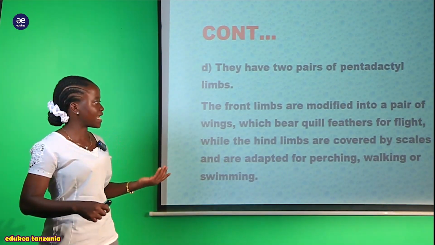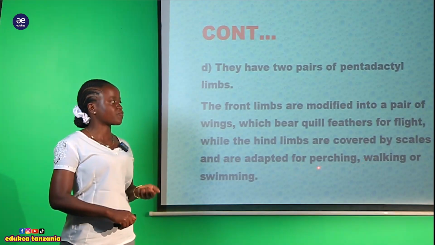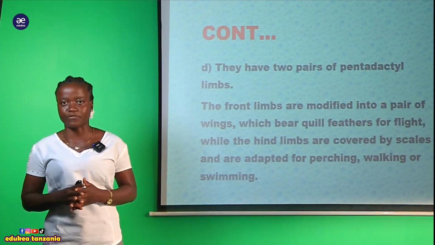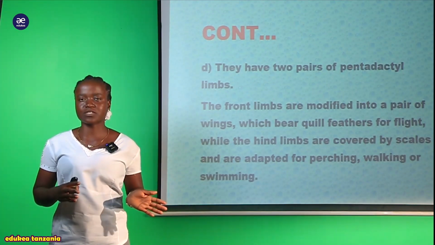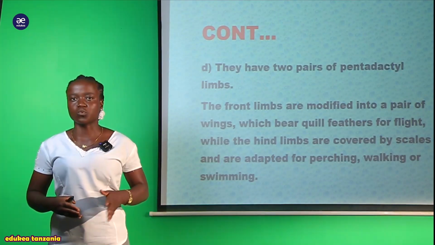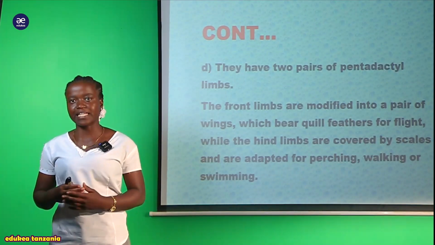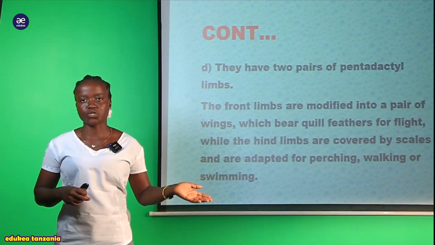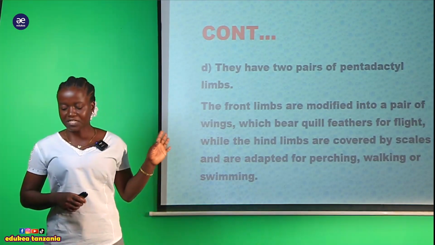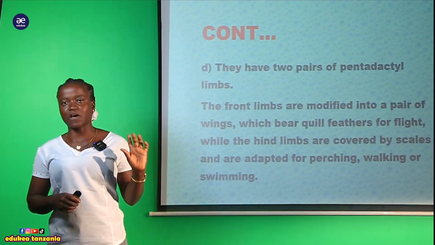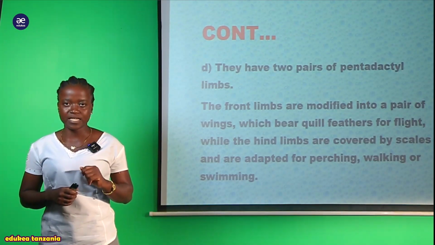The legs are specialized for perching, walking, and such kinds of functions that help them to locomote from one region to another, either for searching for food and so on. So that is the distinctive feature which is found only in the class Aves.